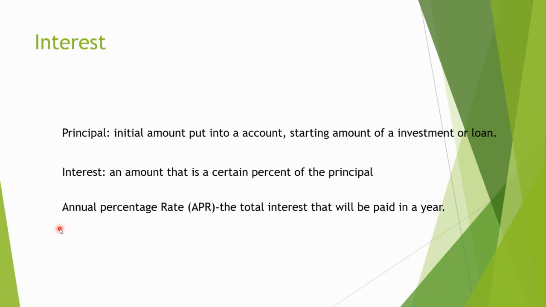The interest, and also when you, I don't know if you guys have money in a bank account, but what happens is after a certain amount of time, through some math formula, the banks will take a certain percentage of the money in there and add that money to the account. And they're taking a percent of that principal, in other words.